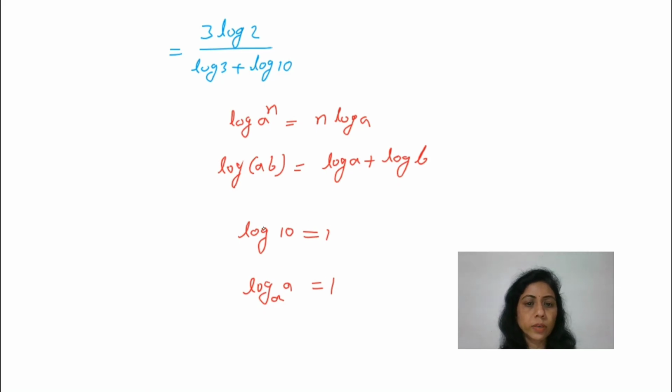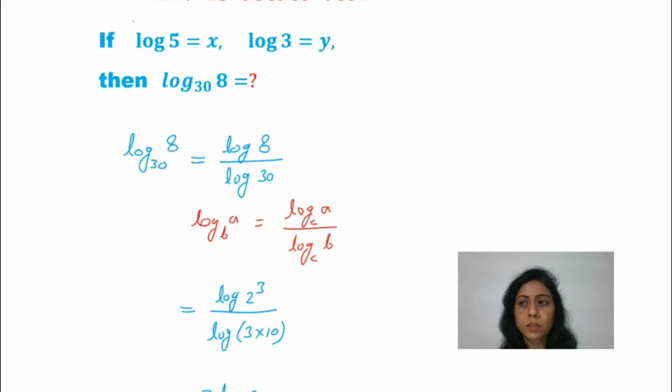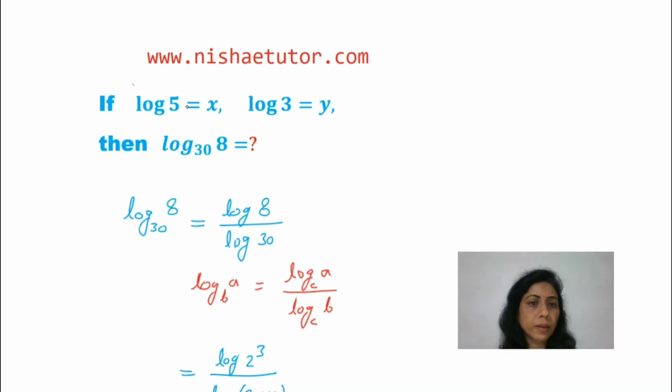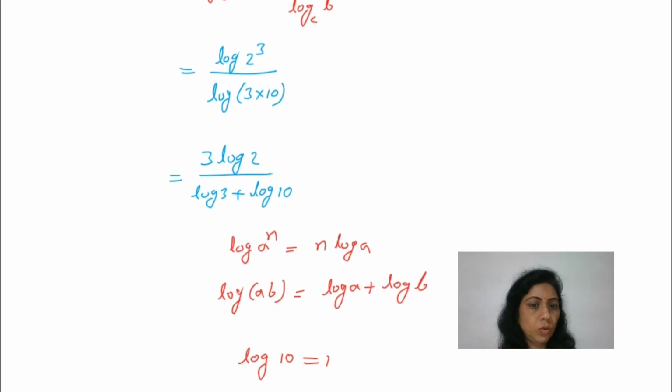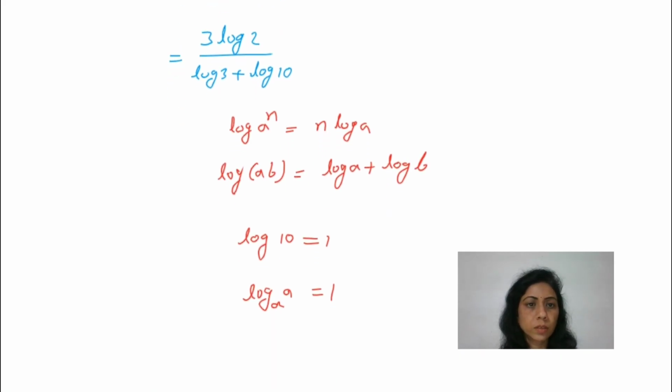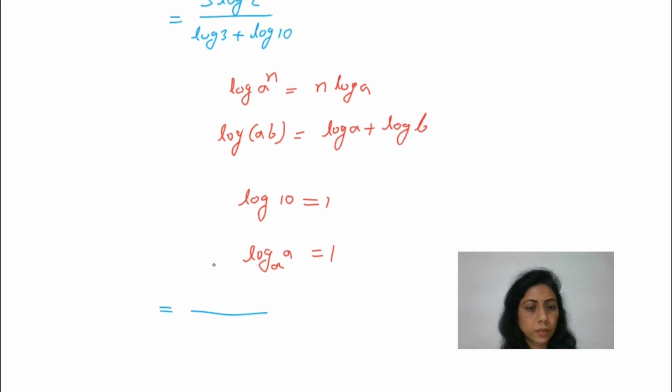So log 10 is equal to 1 we can put here, and we know already only log 5 and log 3, but here log 2, so 2 we can convert here something like that. So 3 log 2 we can write 10 upon 5.